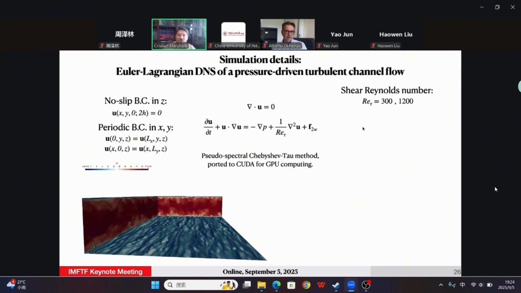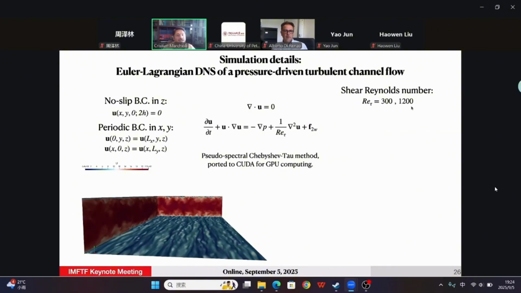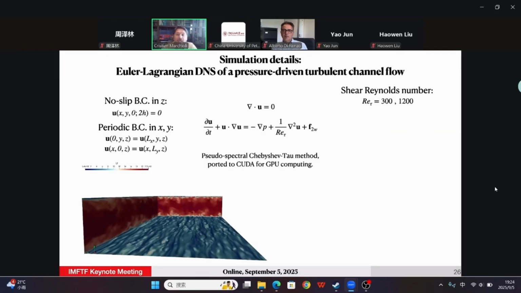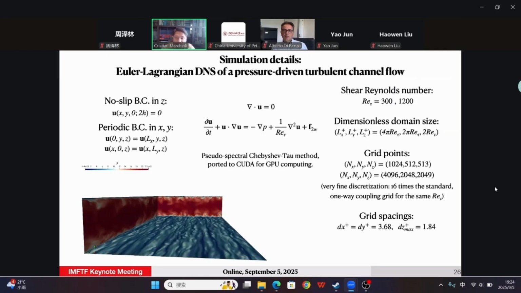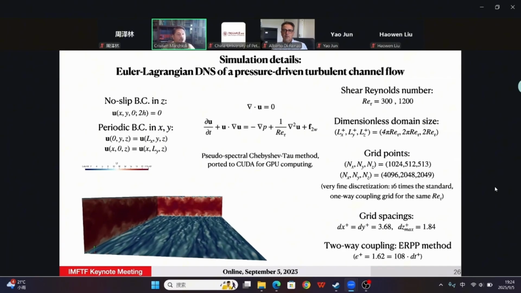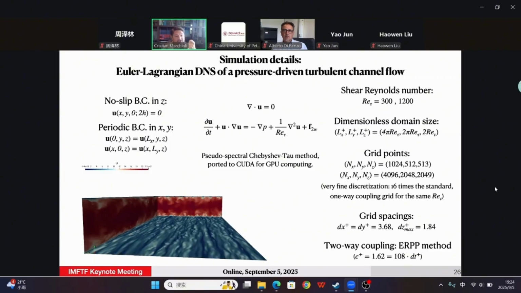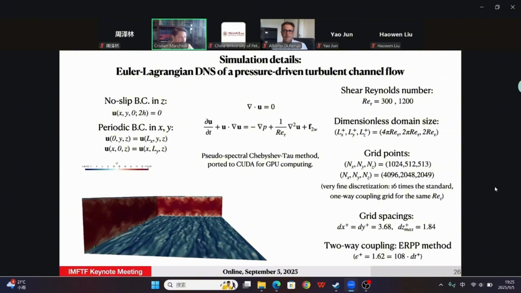We are changing the shear Reynolds number. So these are the values. The flow is always fully turbulent. Clearly, the higher we go with the Reynolds number, the more agitated is the flow. And for most of the simulations, we are including two-way coupling. So not only the turbulence is affecting the dynamics of the flow, but also our fibers can modulate the turbulence by exchanging momentum between the phases.